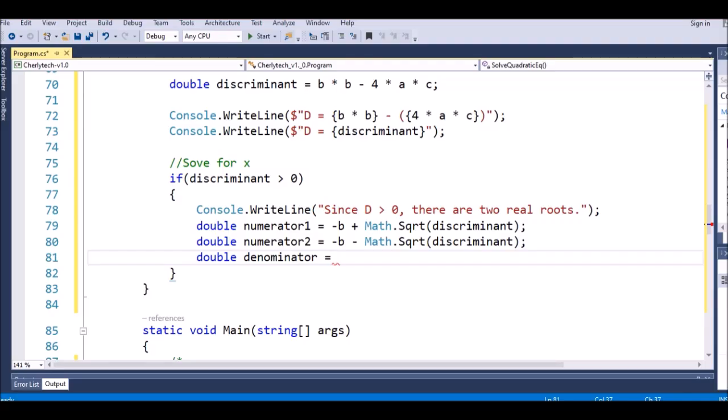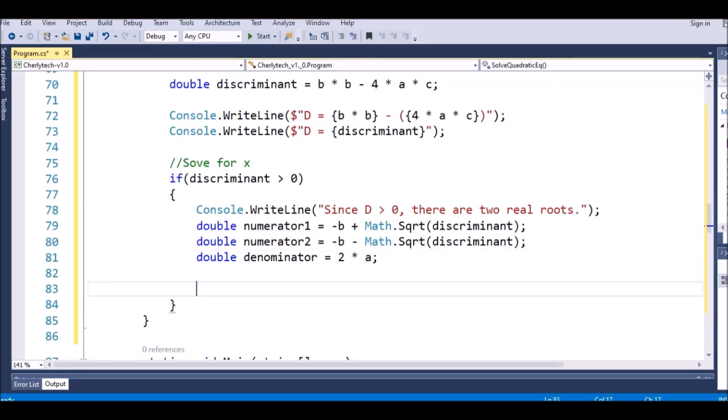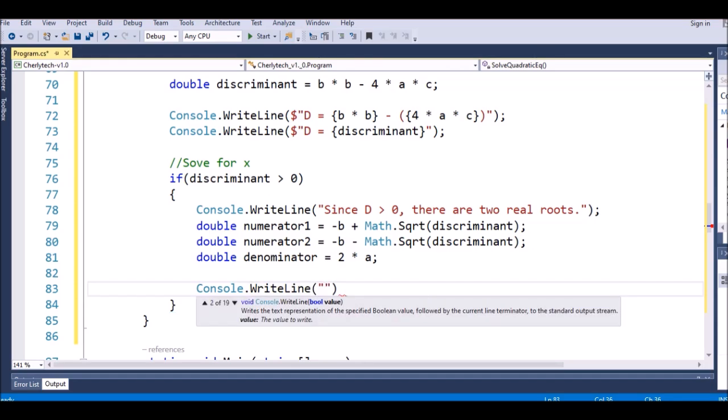So this one, and 2 multiply A, this. So after that, we have to show, right? So after that, we have to show that console dot write this, and in here we have triangle.